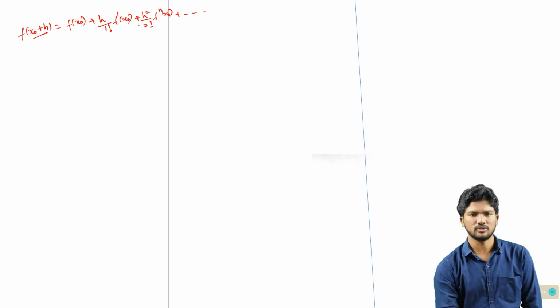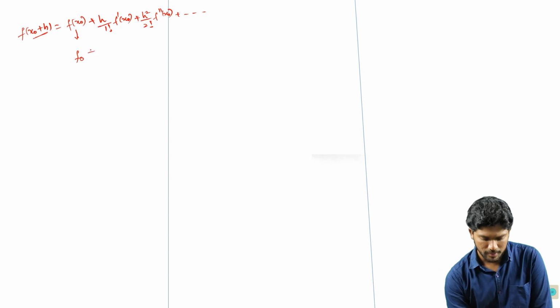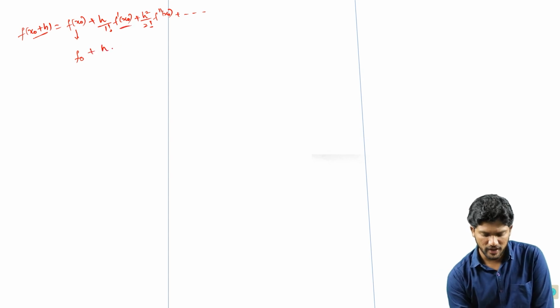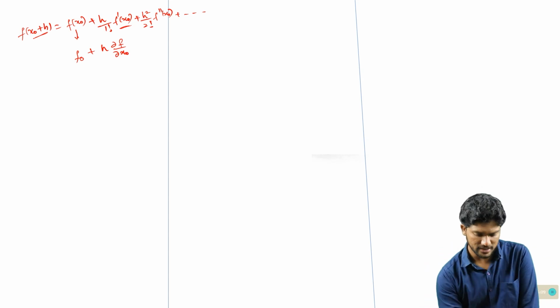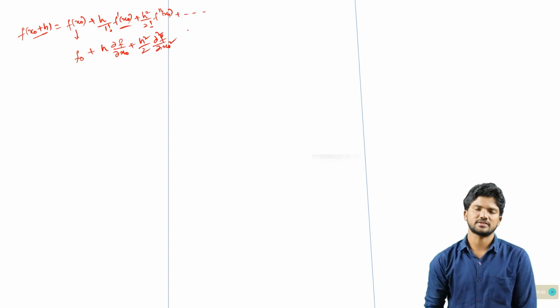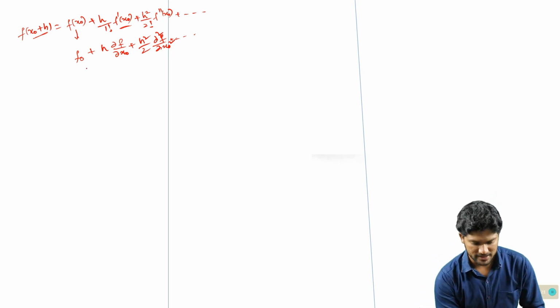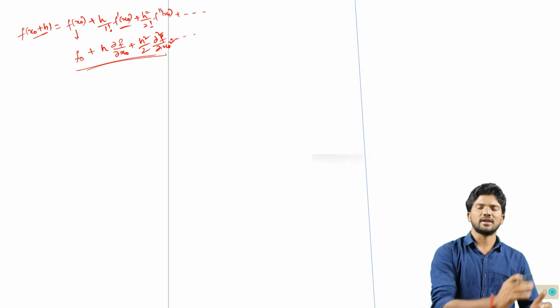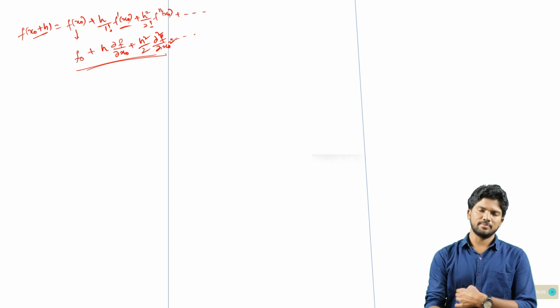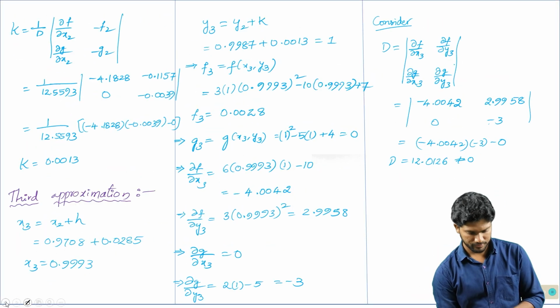Same concept here: f of x naught means f naught plus h into f dash of x, that is dou f by dou x naught, plus similarly h square by 2 dou square f by dou x naught square. In this format you can write the Taylor series expansion. Same expansion, directly I am writing it there, where we have x naught plus h, y naught plus k. Then you can observe carefully.